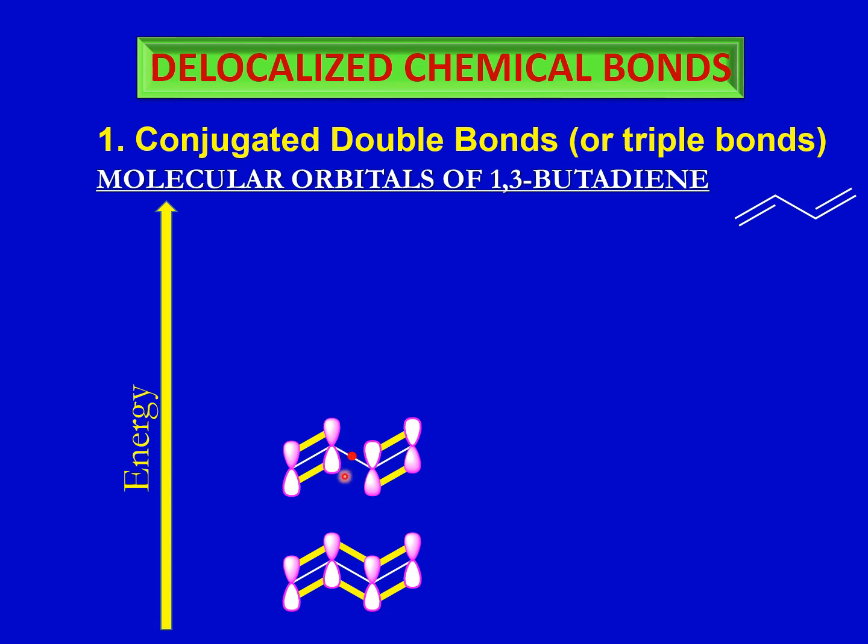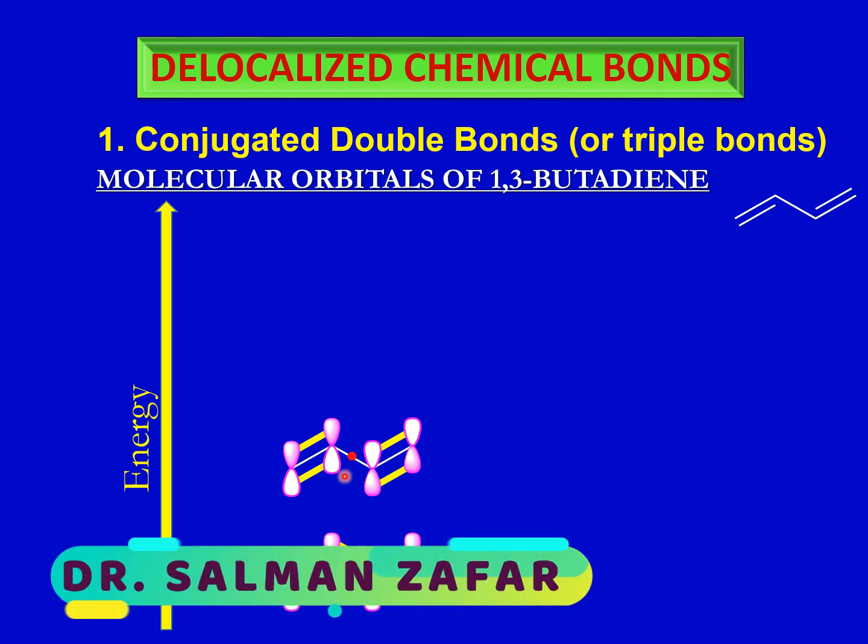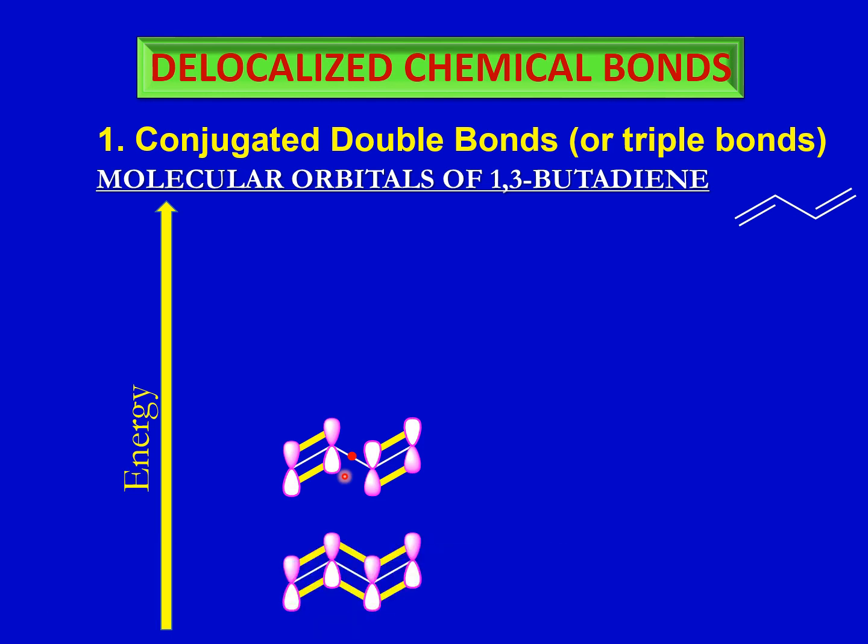Now why we have this nodal plane here, I'll discuss later in another video in more detail, including where and how many nodal planes you can draw in a molecule between the molecular orbitals. So in the second molecular orbital, electronic density can be shared between these two orbitals and these two orbitals.